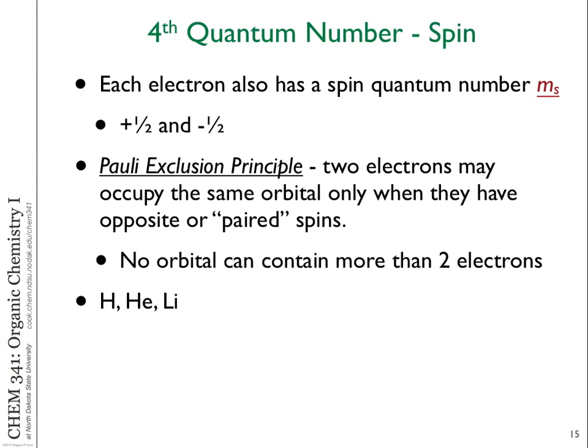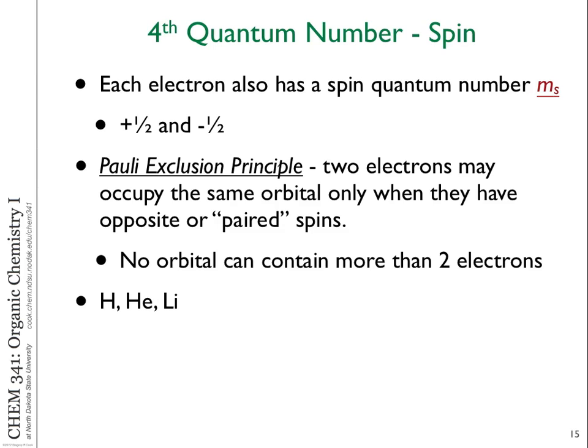And I mentioned that 4th quantum number, the spin quantum number, or m sub s. That's specific for each electron. It can have either the +1/2 or the -1/2 state. And in any orbital, you know an orbital can hold 2 electrons, right? According to the Pauli exclusion principle, those electrons must be of opposite spin.